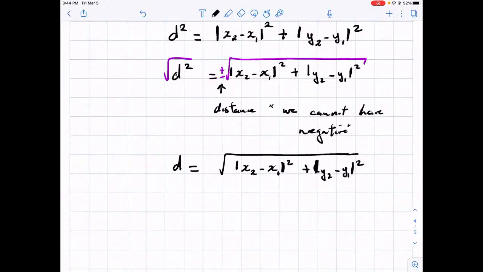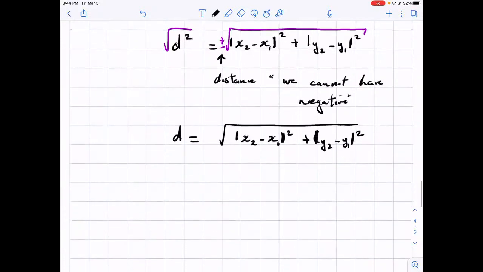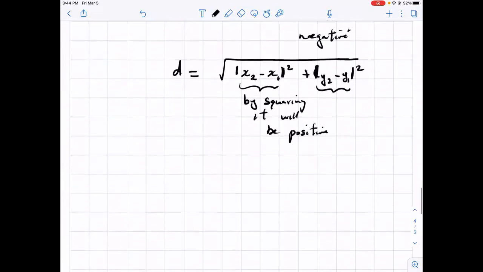But once again, the distance is going to be positive. When we square these things, it will be positive. So we can say that d is equal to the square root of x2 minus x1 squared plus y2 minus y1 squared.